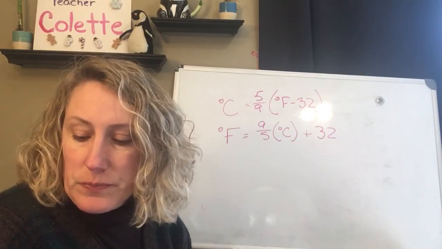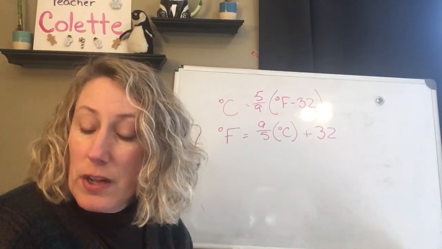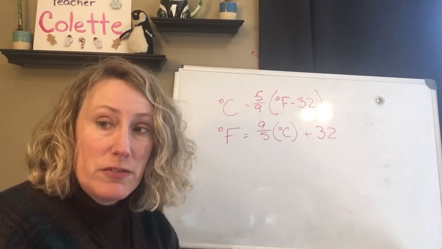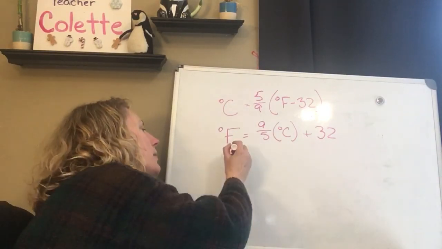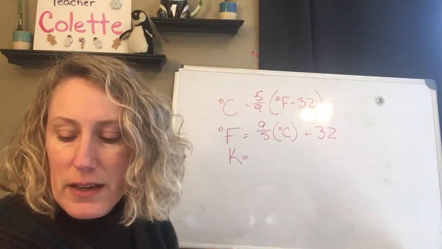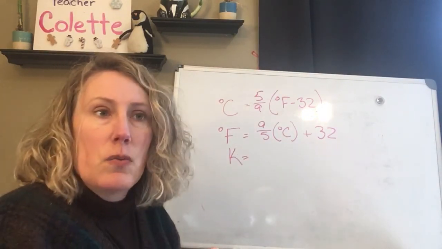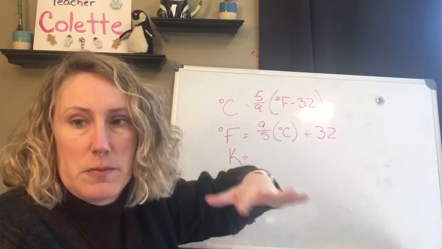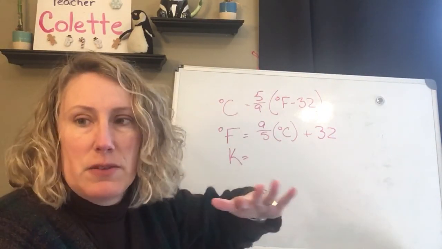So we're going to learn a formula. It's a temperature called the Kelvin scale. It's made with a big capital K. And Kelvin is where the lowest temperature ever possible is still a positive number.